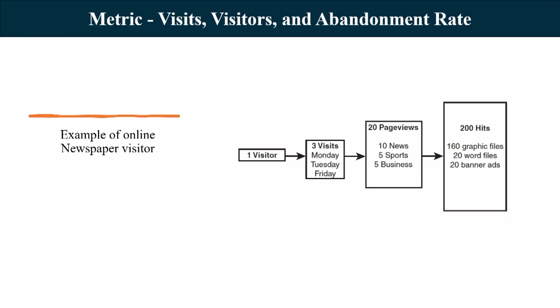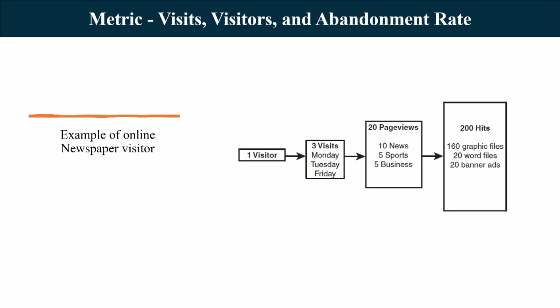So visitor is just 1, visits are 3. Now the page views: on Monday I visited 10 news pages, on Tuesday 5 sports pages, and on Friday 5 business news pages. So the number of page views in this instance will be 10 plus 5 plus 5, that is 20 page views.